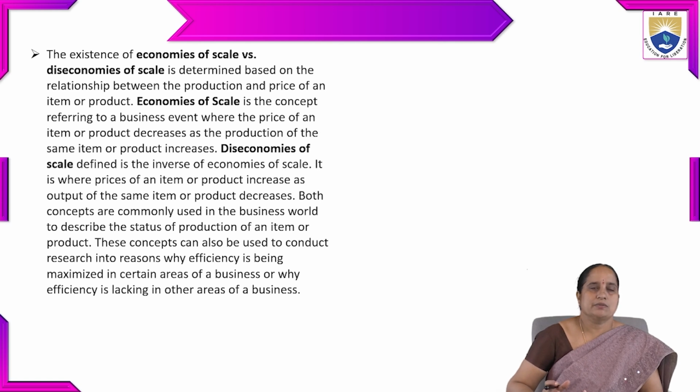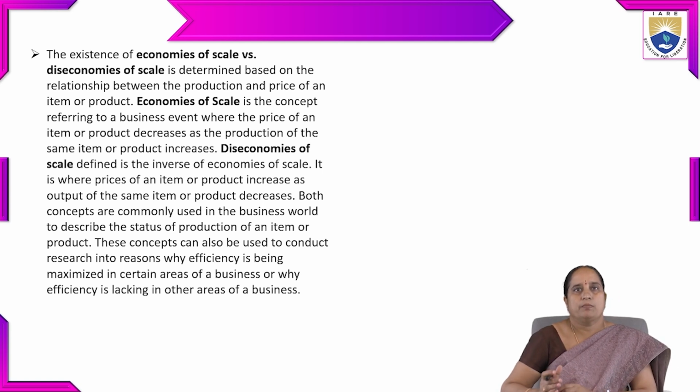Economies of scale is the concept referring to a business event where the price of an item or product decreases as the production of the same item or product increases. Whereas diseconomies of scale is the inverse of economies of scale. It is where prices of an item or product increase as output of the same item or product decreases.